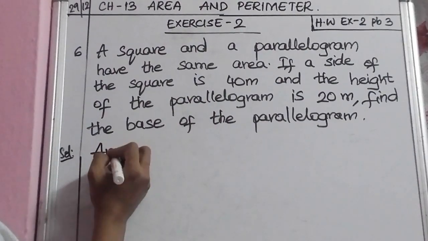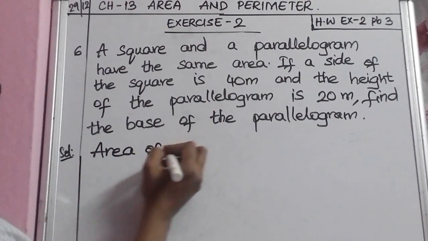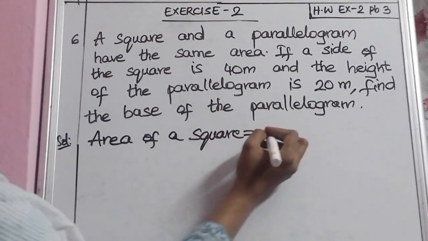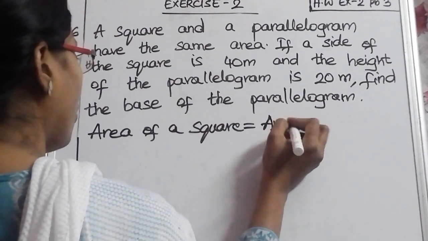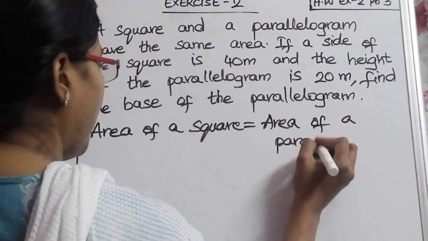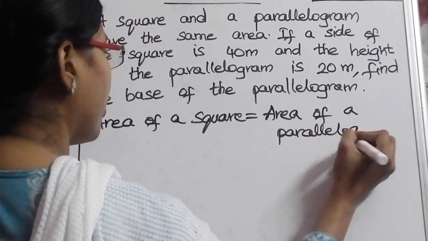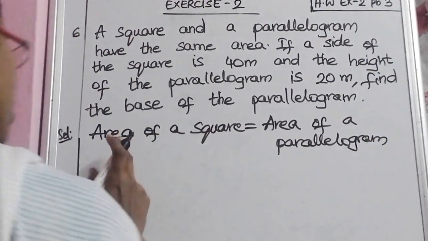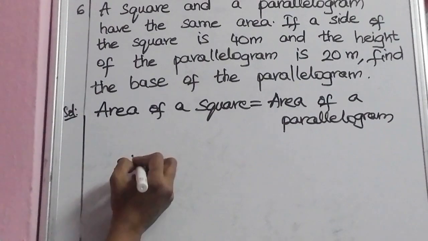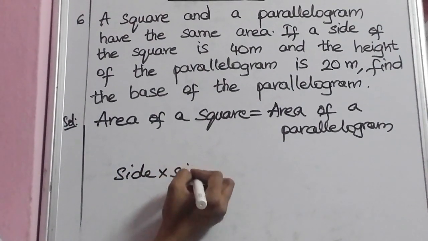So here they have given that the area of a square is equal to area of a parallelogram. Now let us write what are the formulas for this. Area of a square is equal to side into side.